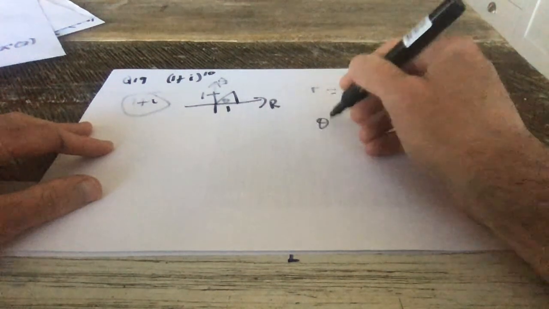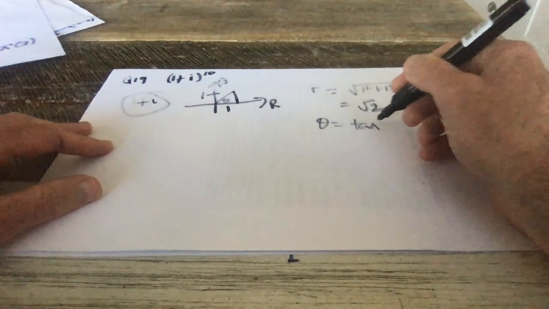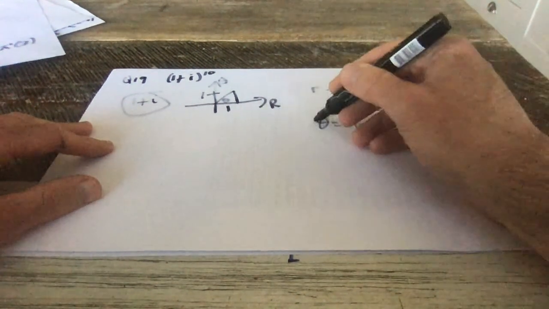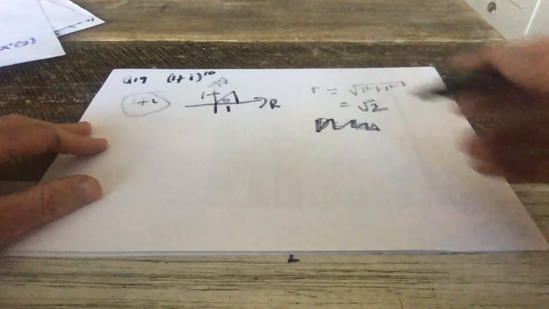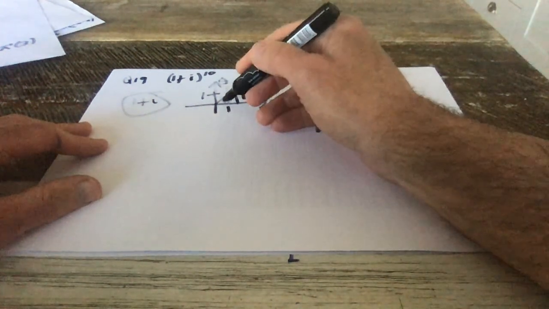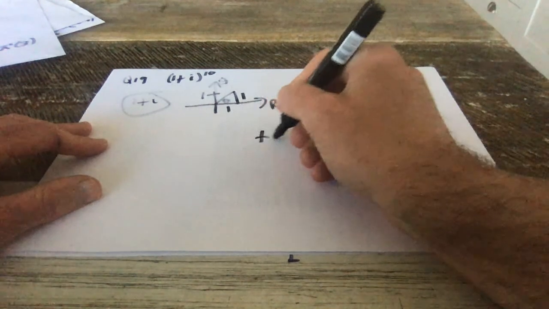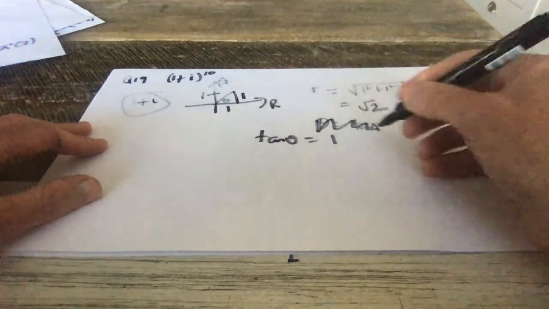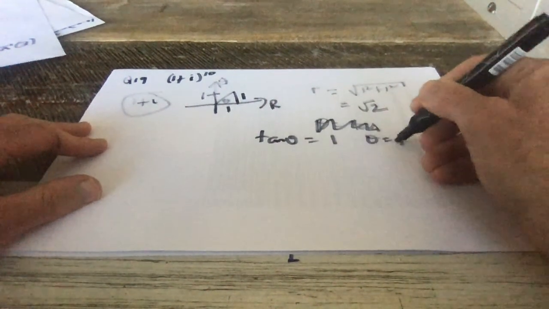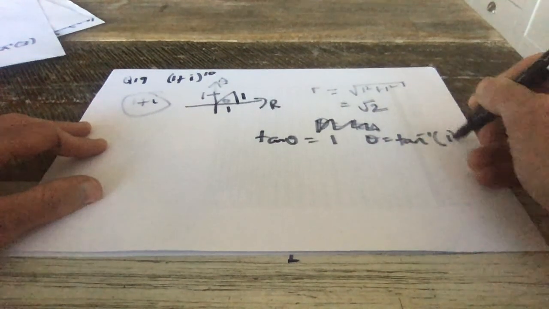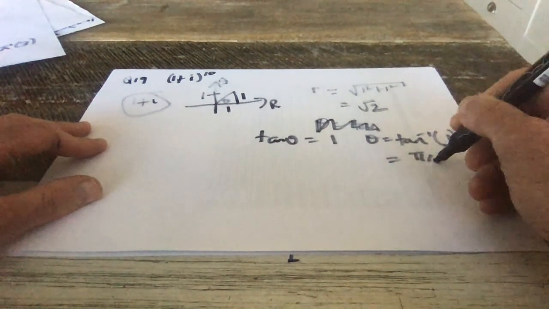This distance here is 1, this distance here is 1, so therefore tan theta is equal to 1. So therefore theta is tan inverse of 1, which is pi over 4 radians.